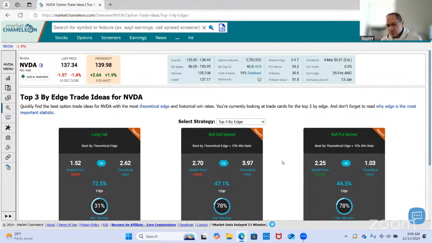In addition, we could say, okay, we do have this average price of $3.97, but that average price could have gotten skewed higher for some reason. The averages may have skewed higher.